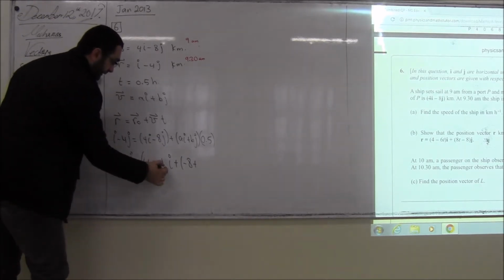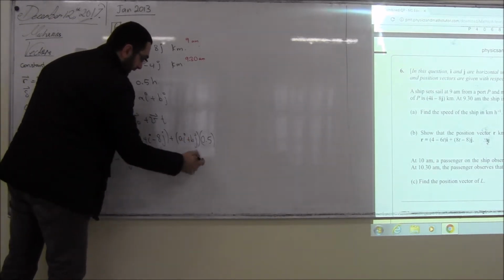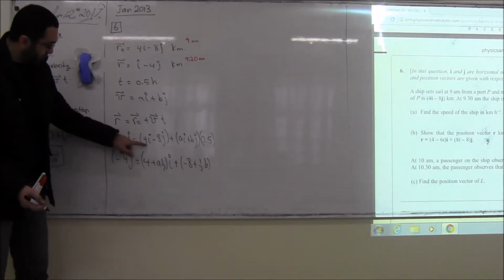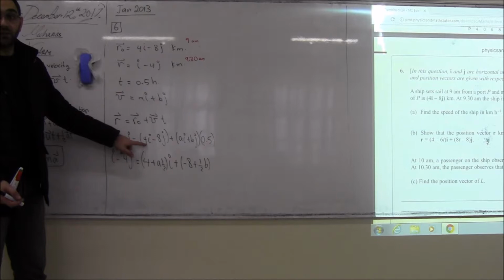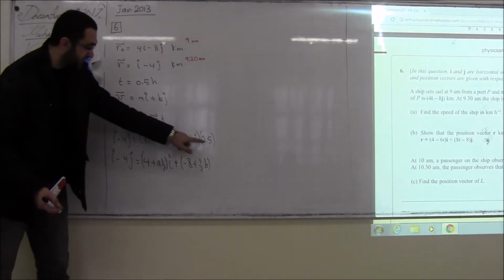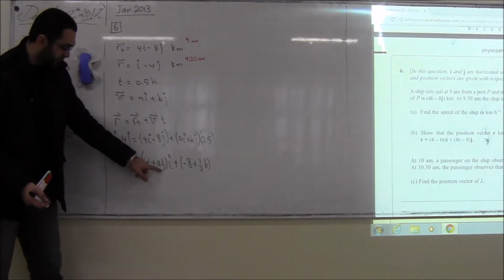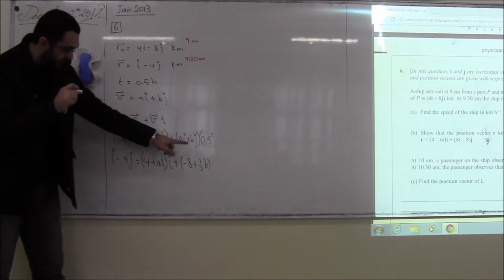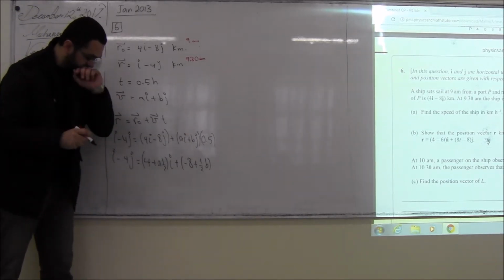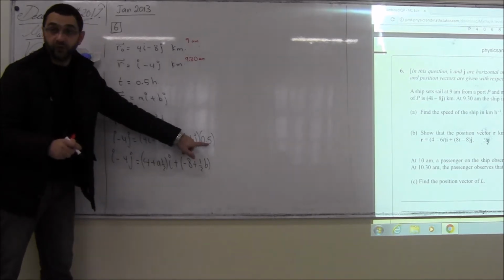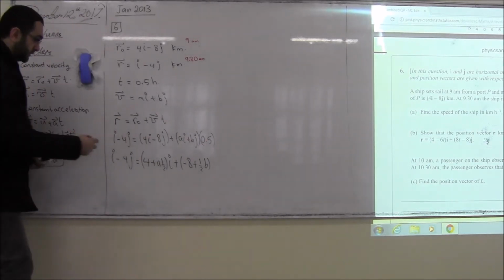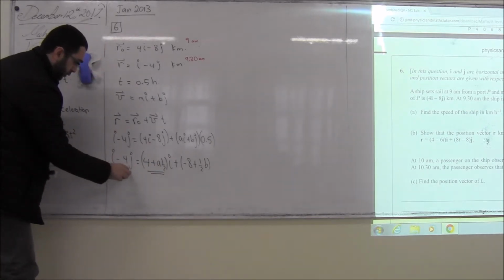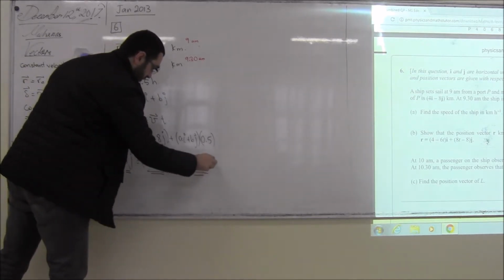This would be half a, and this would be half b, right? And 4, look again, girls: 4 plus a times 0.5, i, and j: minus 8 plus b times 0.5. Now, to satisfy this equation, i should equal i, j should equal j.